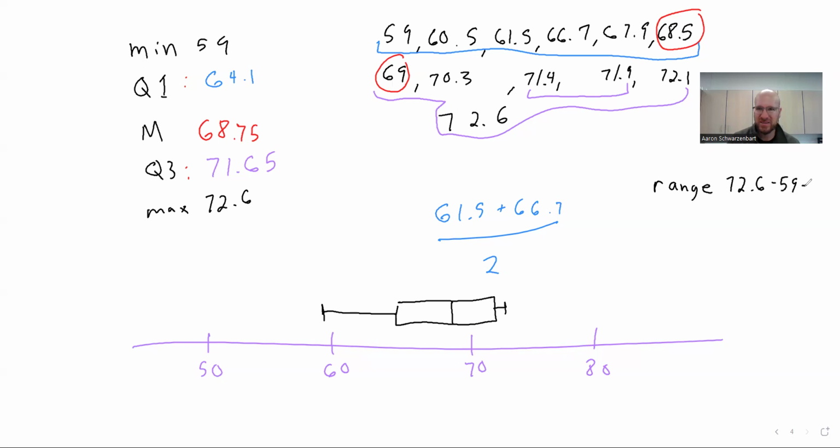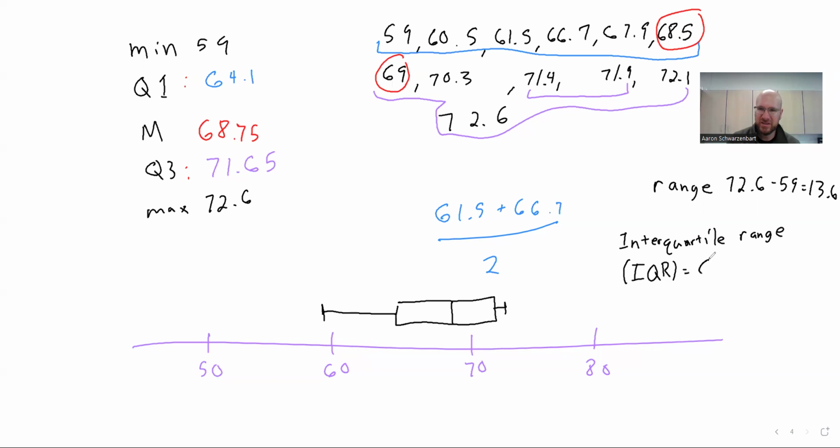It is not this expression; it is actually the value you get when you calculate that. 72.6 minus 59, that's 13.6. And there's the interquartile range. This is the most commonly used one.